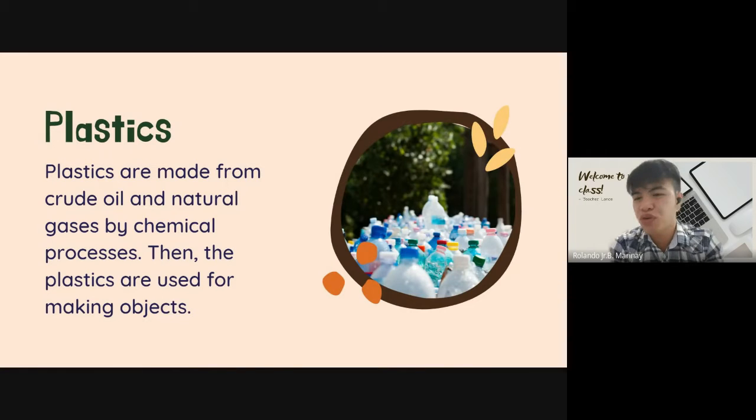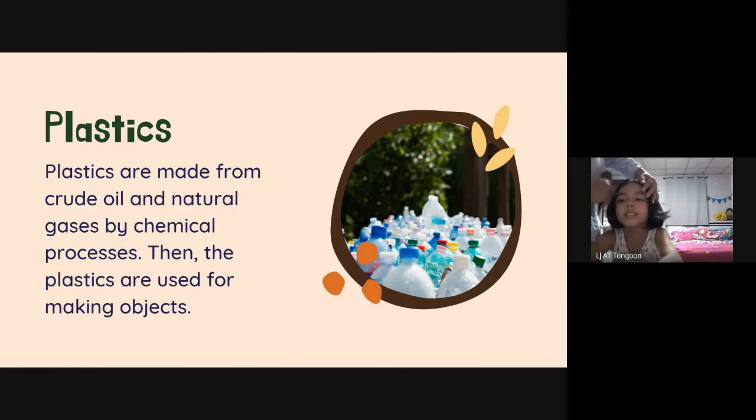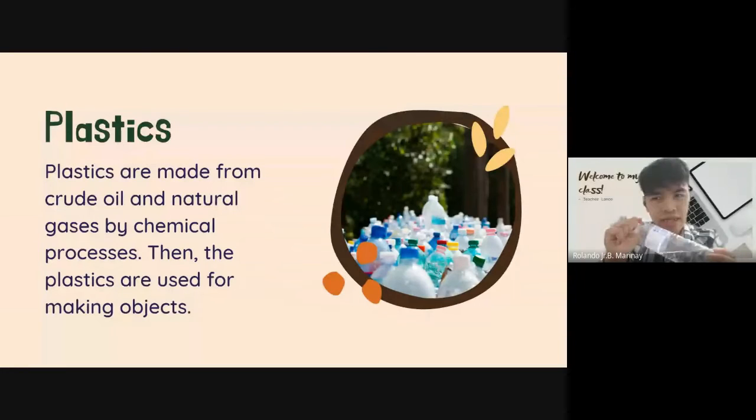Plastics are used for making objects. For example, this one, what's this? A plastic bottle. This is a plastic bottle, therefore it is made of plastic. Plastic is made of crude oil.